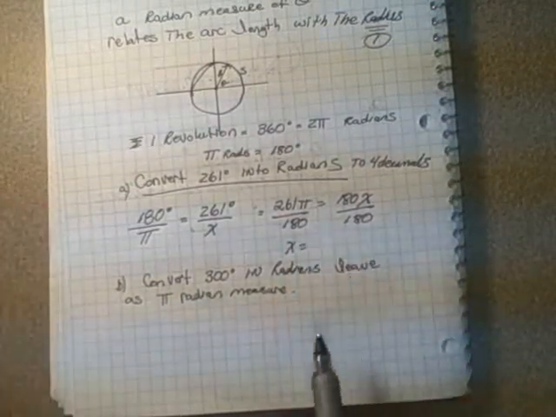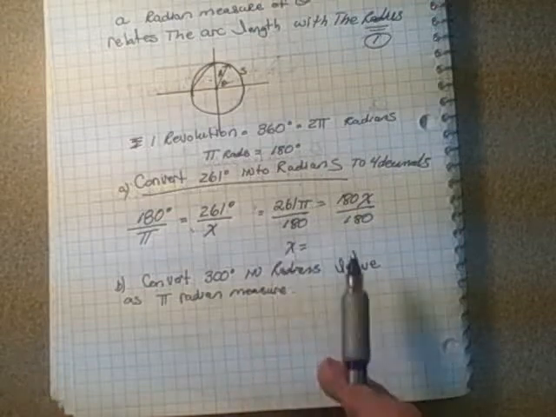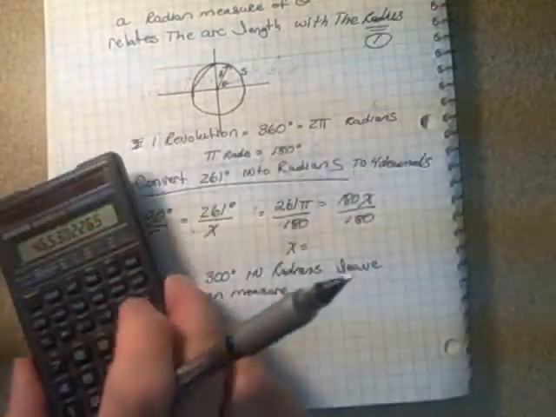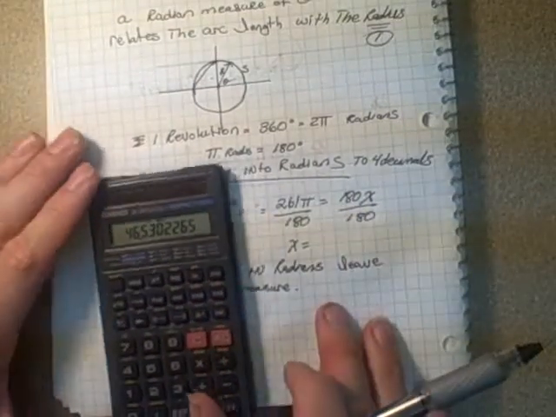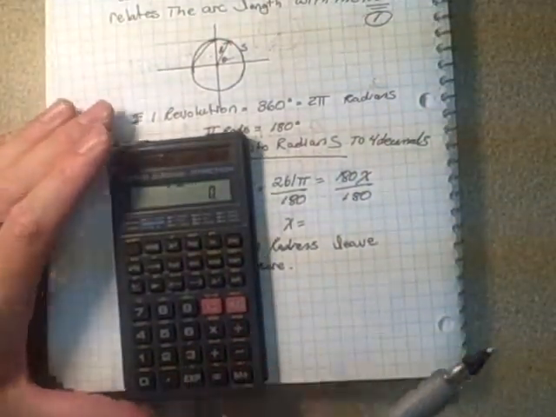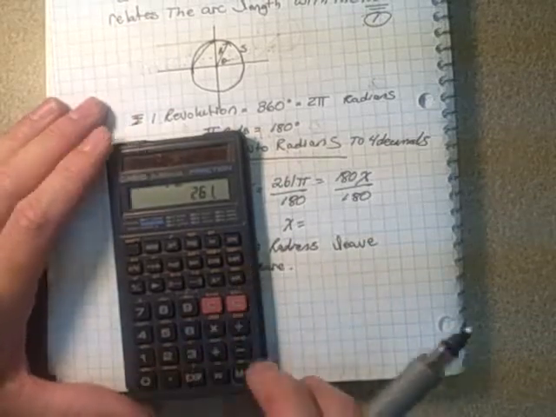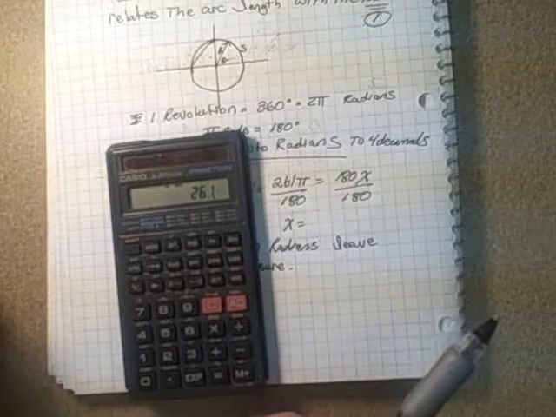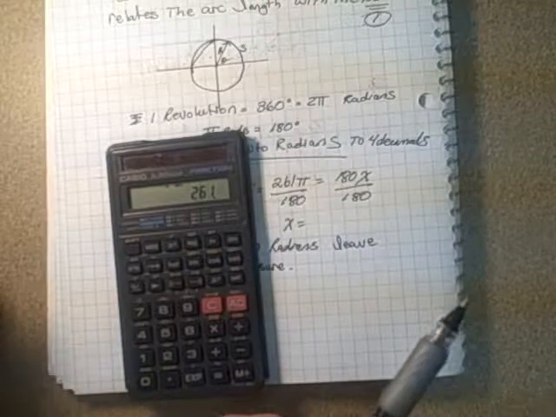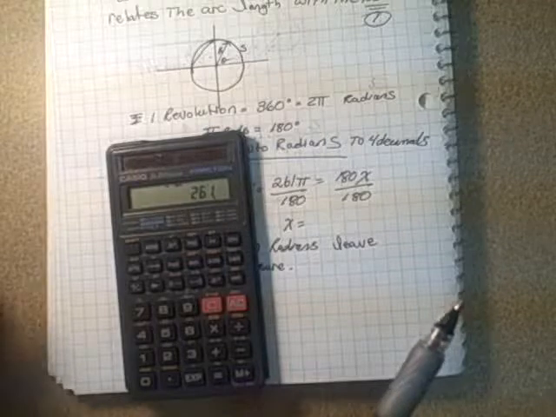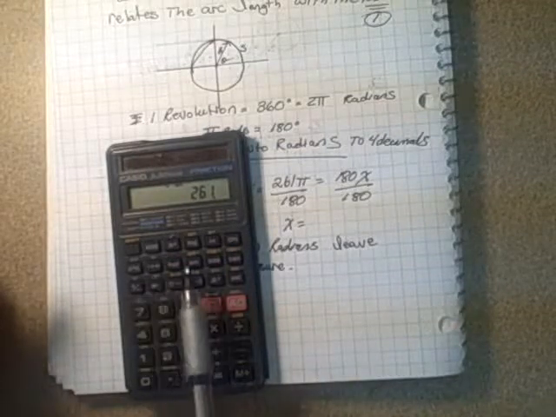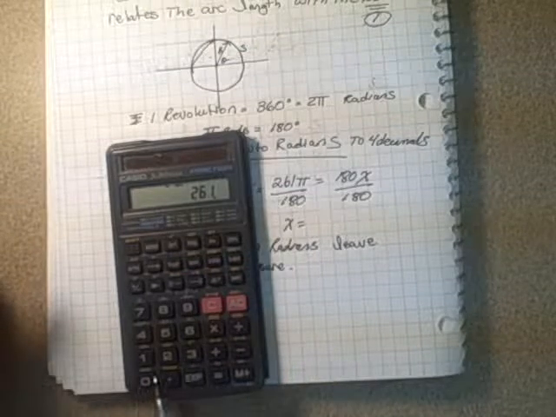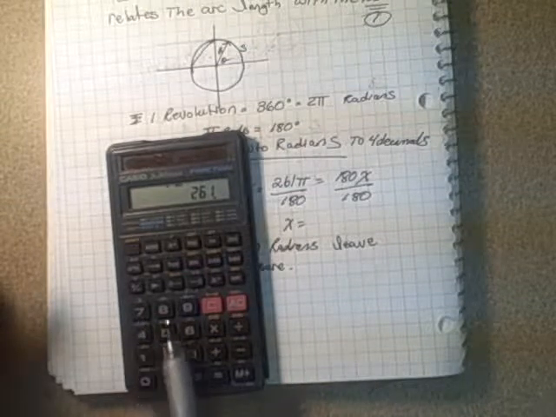Now, if you were going to leave it in pi radians, you would just reduce this fraction here. But since we're asking for 4 decimal places, we can take our calculator and go 261 times pi. If you want to use your pi button on your calculator, you can; it would give you more decimal places. Let me see if I have one on this calculator. Doesn't look like it has a pi button.